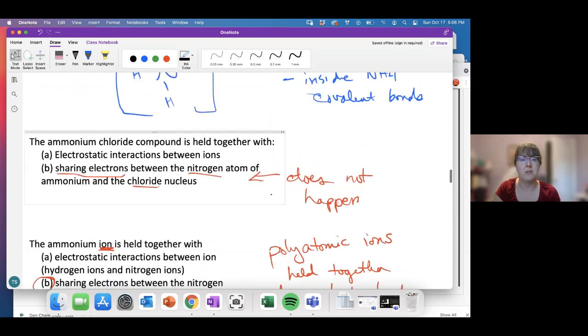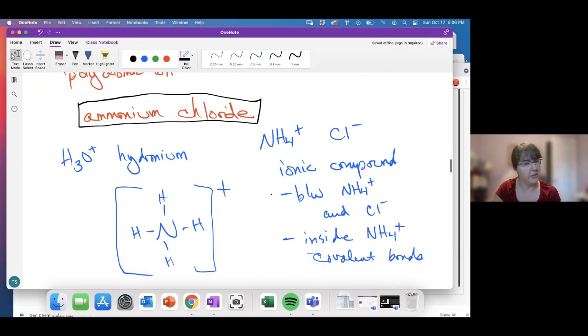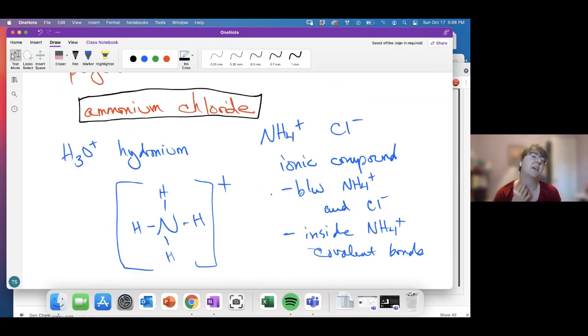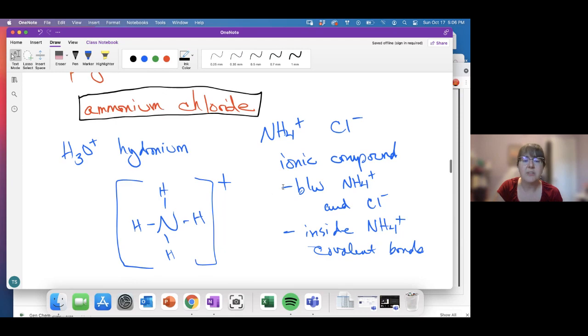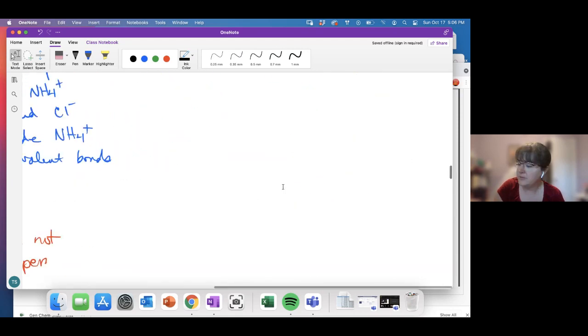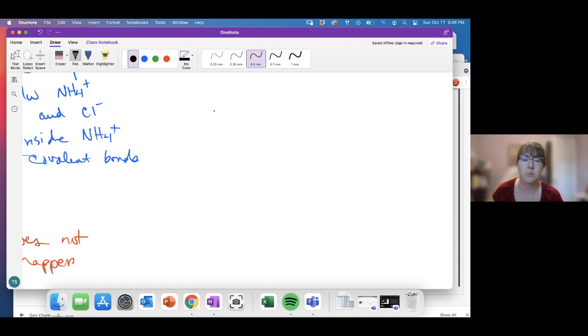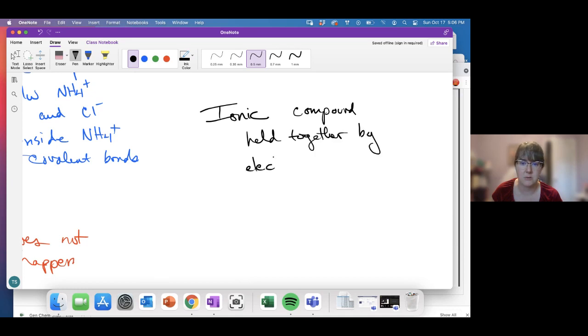So as usual in chemistry, we have a set of normally, and then we have this idea that, well, that's not entirely true, because the real definition of ionic has to do with how it's held together. An ionic compound is held together by electrostatic interactions. That is charges.